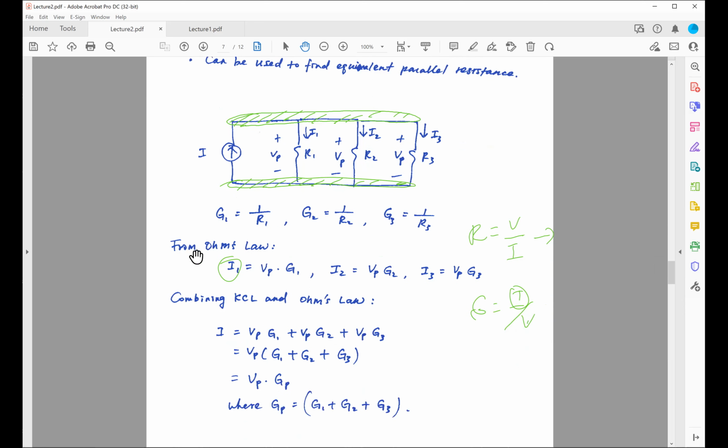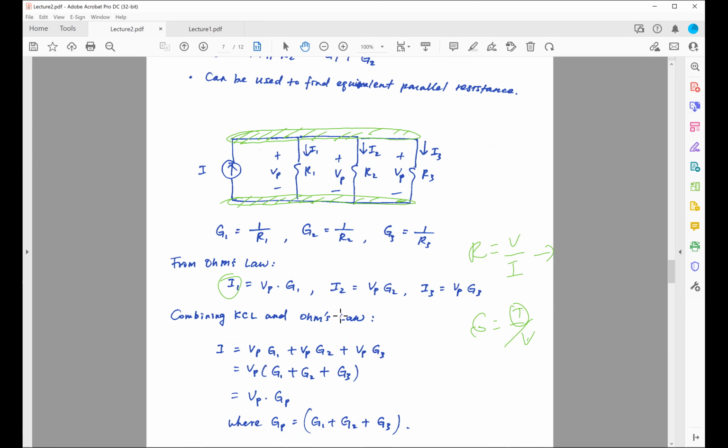So combining Ohm's law and KCL, I have current I. So the current flowing into this node, remember, what does KCL say? The current going into a given node has to be balanced by the current flowing out of the same node. So current going into this node is equal to I, and current leaving this node is equal to the sum of I1 plus I2 plus I3.